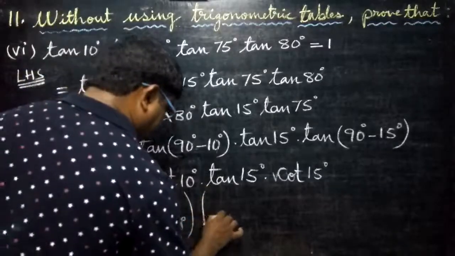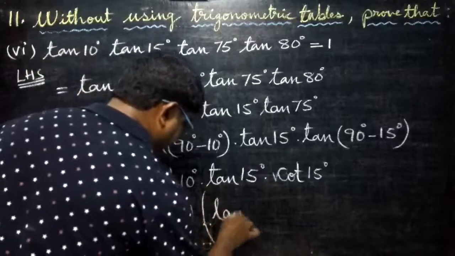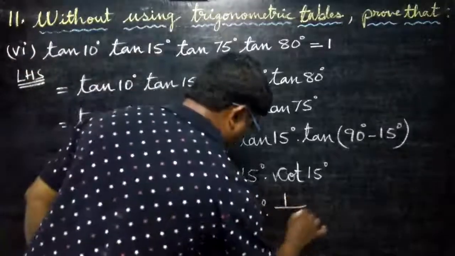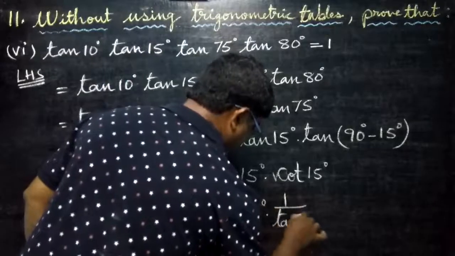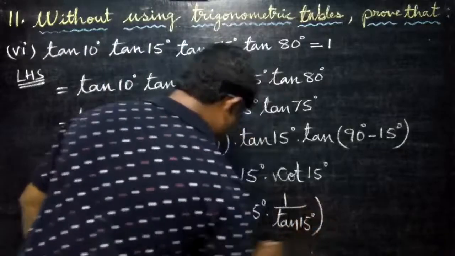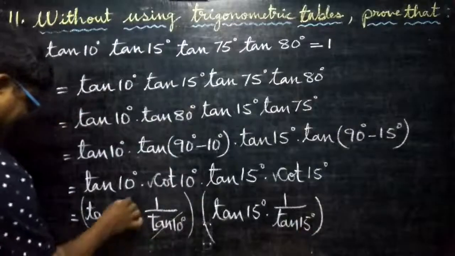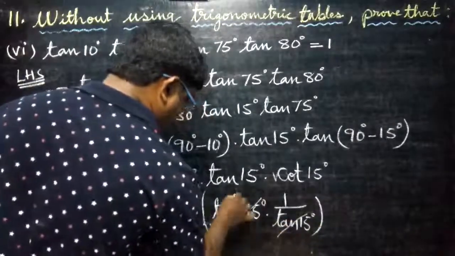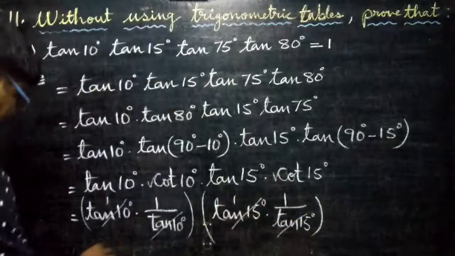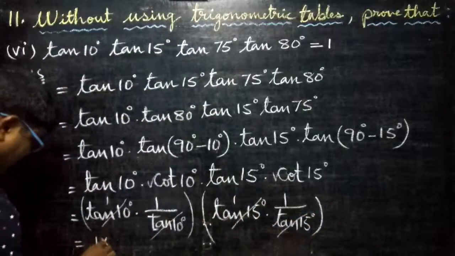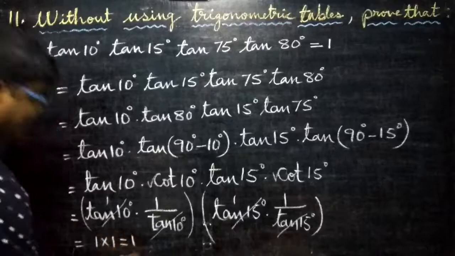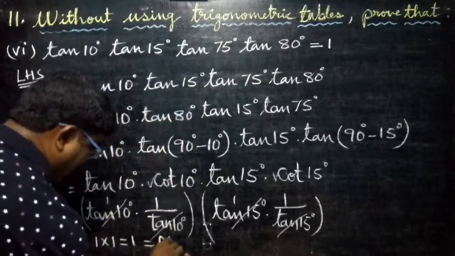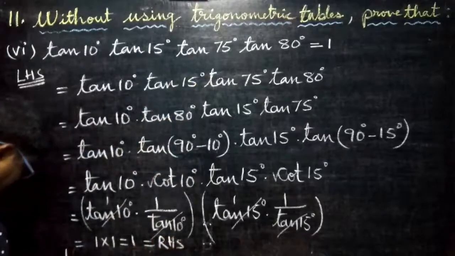Next, tan 15 as it is, tan 15 degrees into cot, I am writing as 1 by tan 15 degrees. Now tan 10 degrees goes one time, tan 15 goes one time. So 1 into 1, ones are 1. We got RHS. Hence proved.